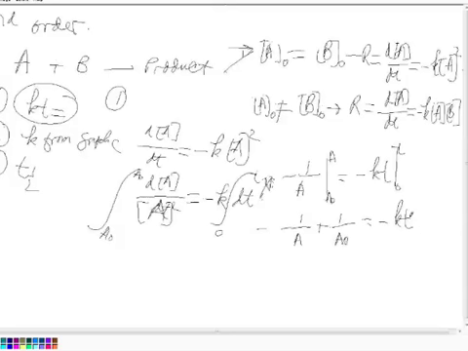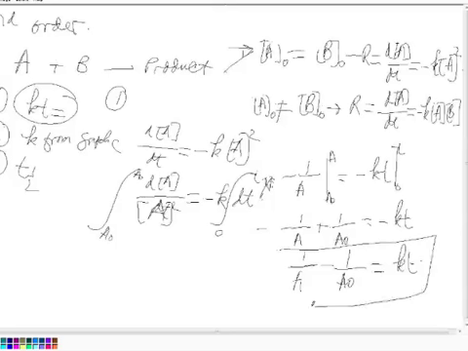So we can rewrite it into a simpler equation. So we get the first one, Kt equal to this, from here we get it already.